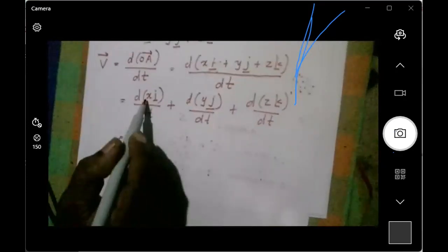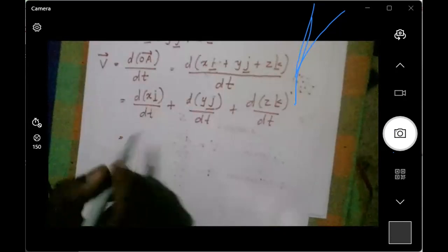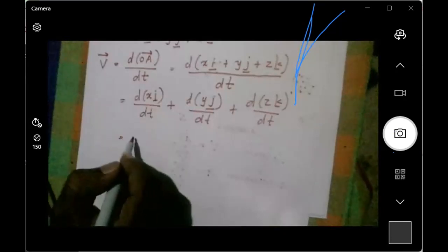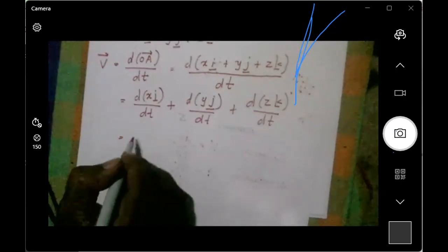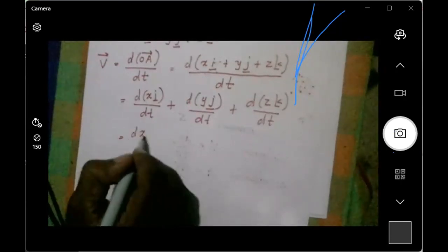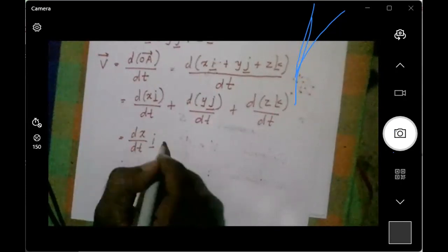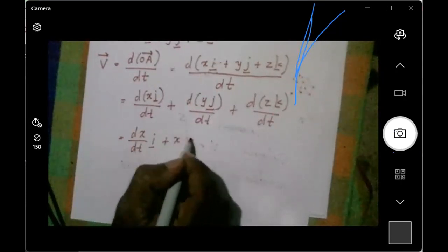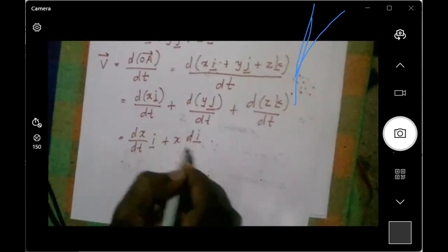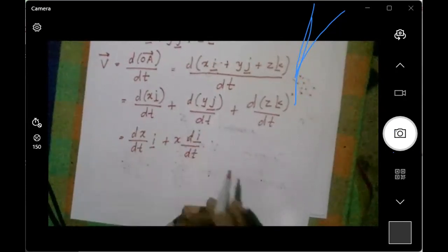You have x and unit vector i, so you need to apply what rule? The multiplication rule, remember? So this will be dx over dt into i plus x into di over dt, right?